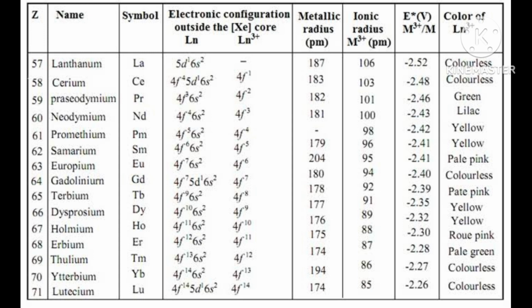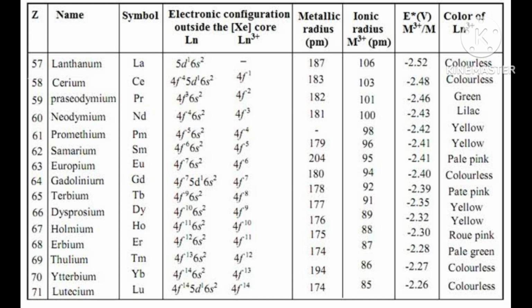Now europium, Eu, means 4f7 6s². One electron is increasing. Then now again you can say the contraction I told you about. I told 180 for samarium, and 96 was Ln3+.